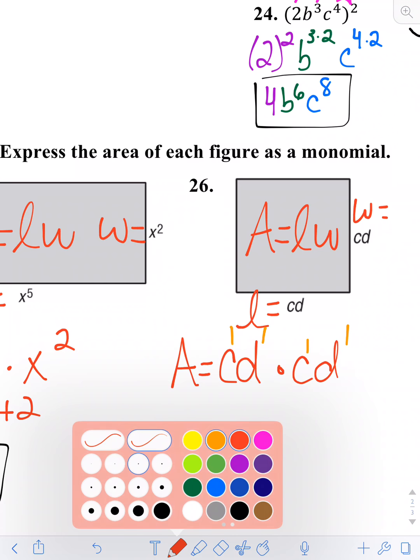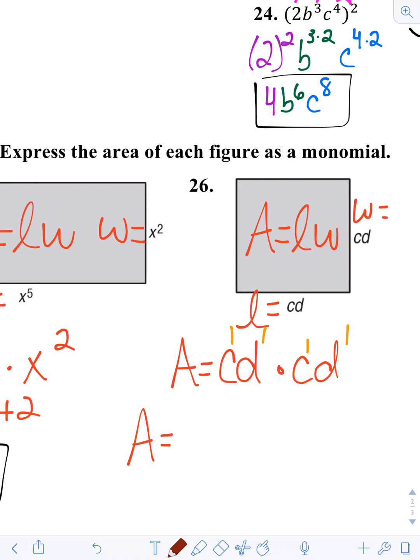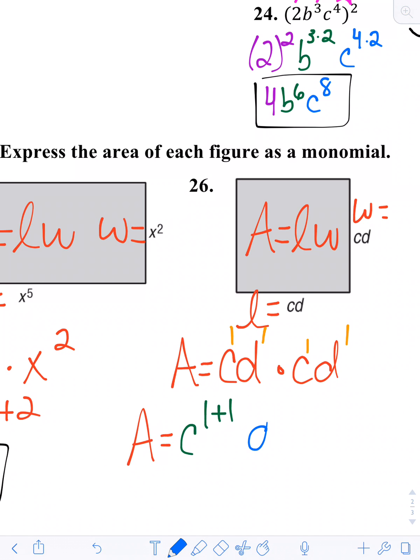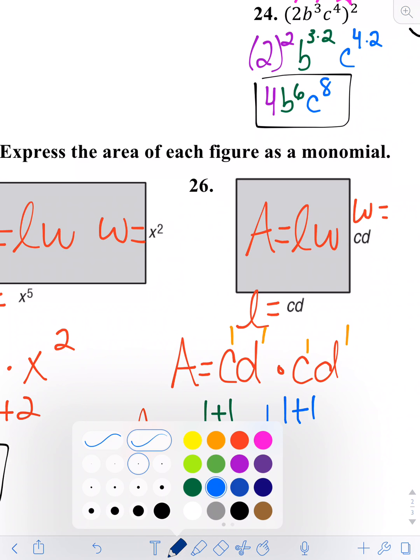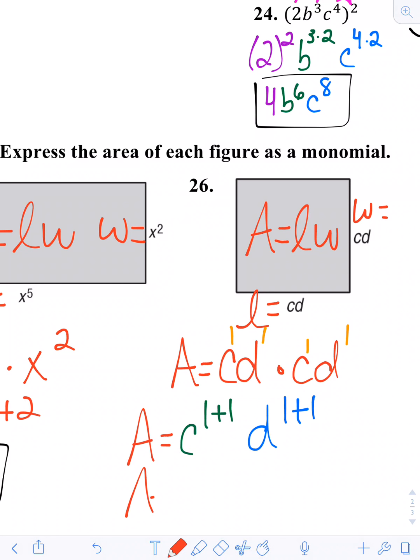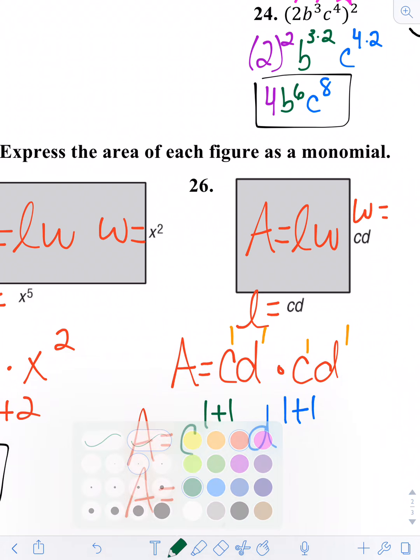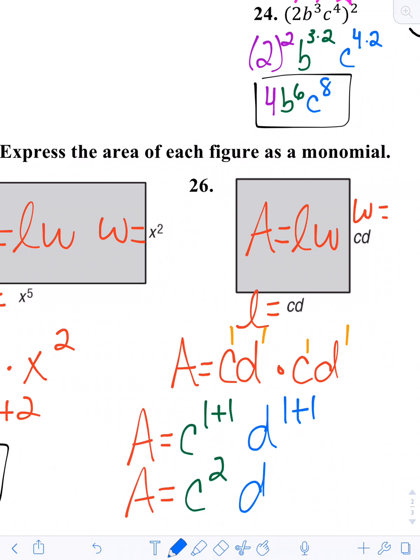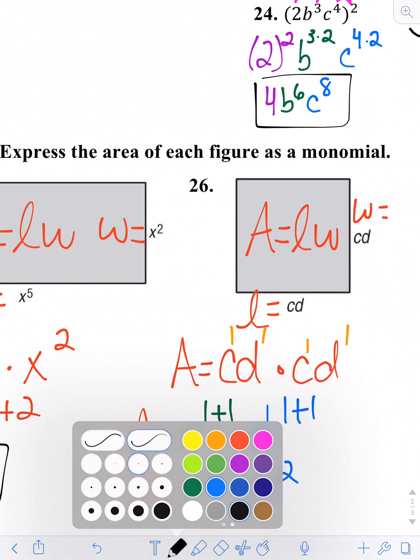So I have area is equal to, I have two different variables. So I'm going to start with the first one, which is C. When you multiply, you add. And then we have D. When you multiply, you add. Always add those exponents. So area is equal to 1 plus 1 is 2, and 1 plus 1 is 2. And that's your final answer.